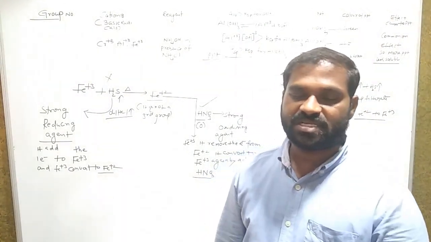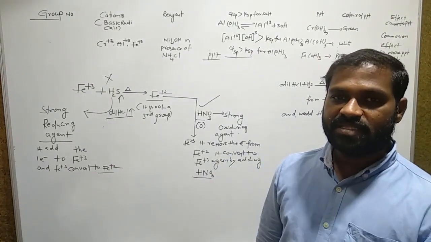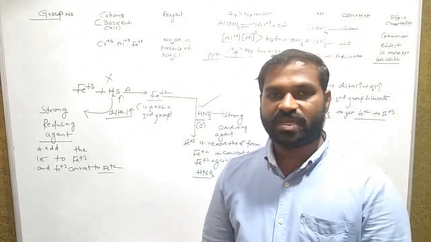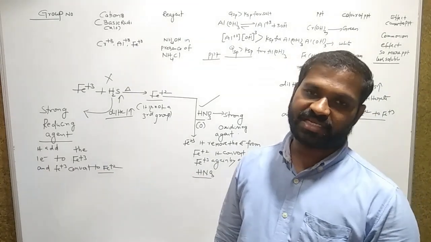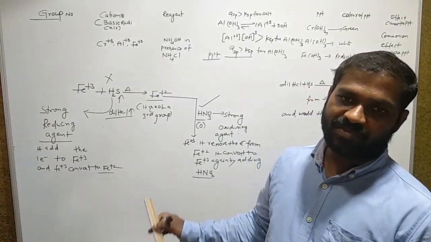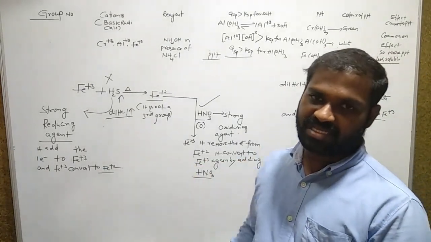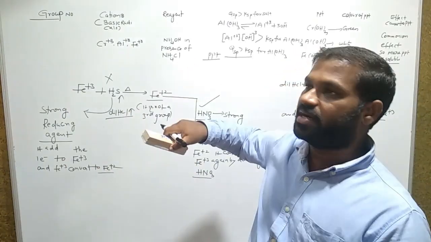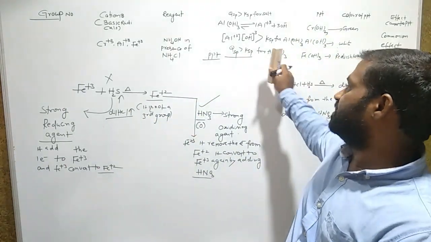For that purpose, we heat the filtrate so that H2S and dilute HCl evaporate. Then we add concentrated HNO3, then Fe plus 2 is converted to Fe plus 3. Then we add ammonium hydroxide and ammonium chloride, and we get this precipitation.